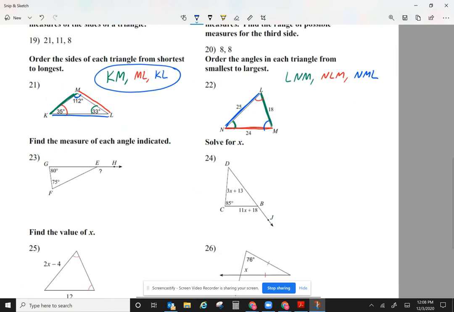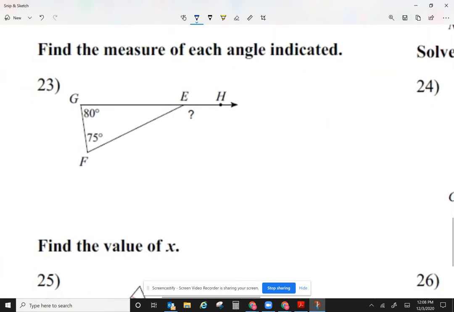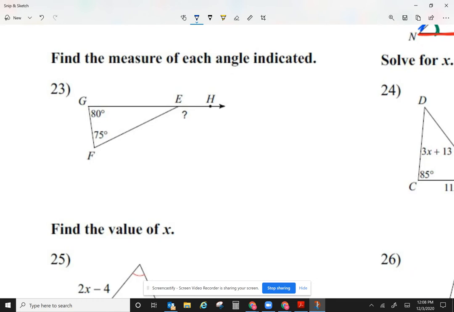Now for questions 23 and 24, we're reviewing an idea called the exterior angle theorem. Exterior means outside, so we're dealing with an angle outside of the triangles. Once again, in algebra, we learned that the question mark, anything we don't know the value of, we replace it with a letter. So let me replace it with x.